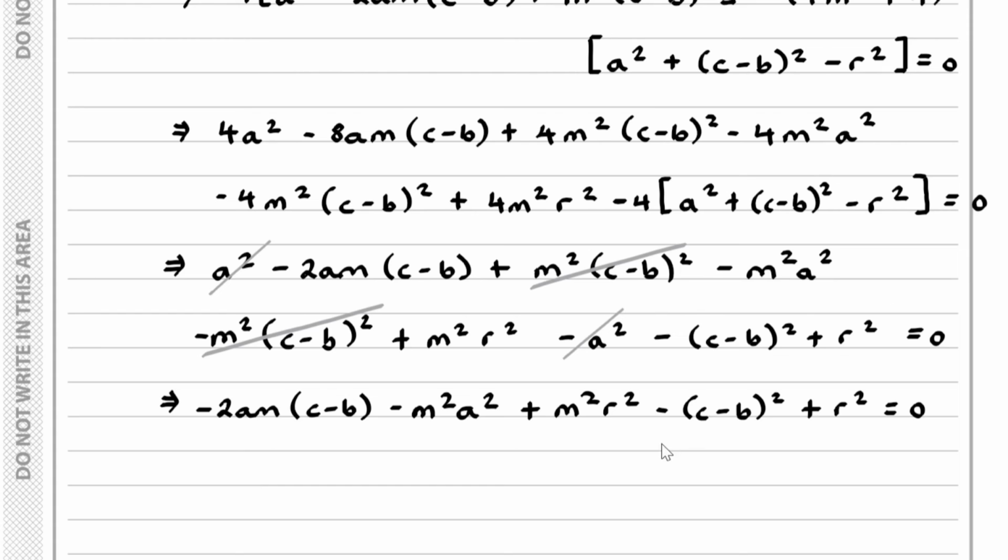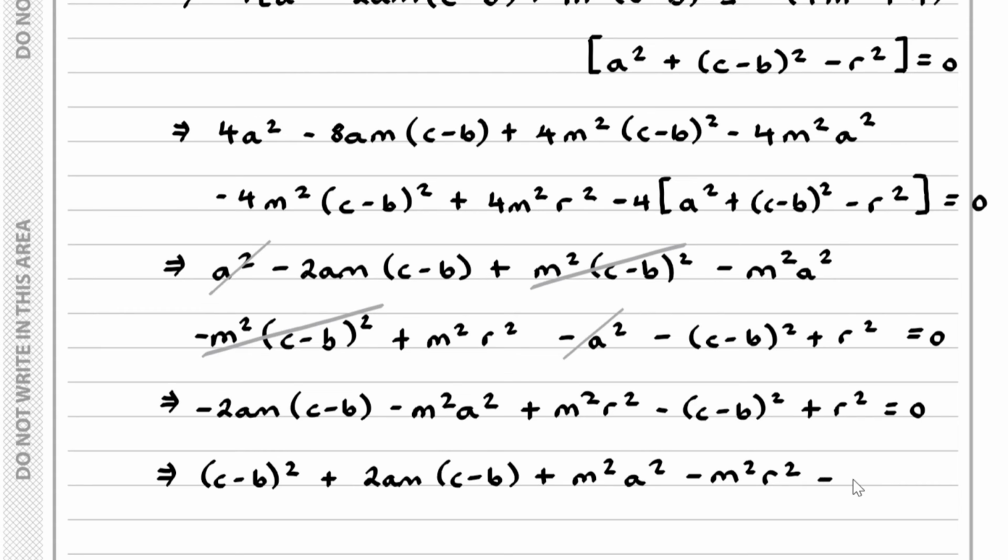So if I multiply through by minus 1, we have (c minus b) squared plus 2am times (c minus b) plus m squared a squared minus m squared r squared minus r squared equals 0.